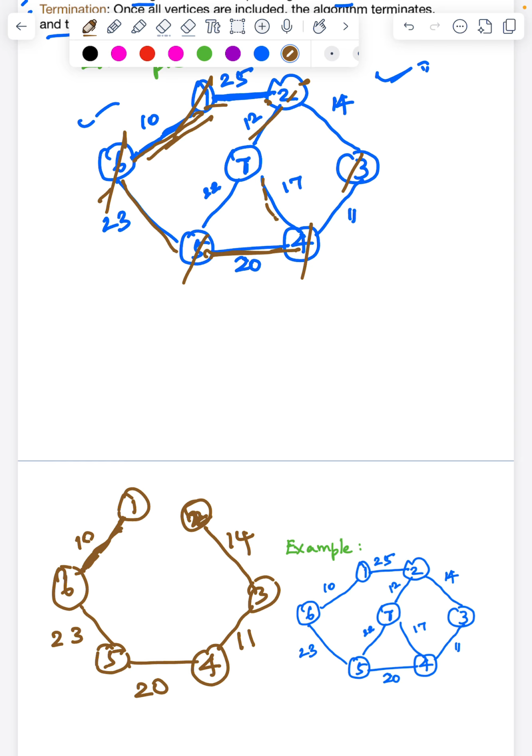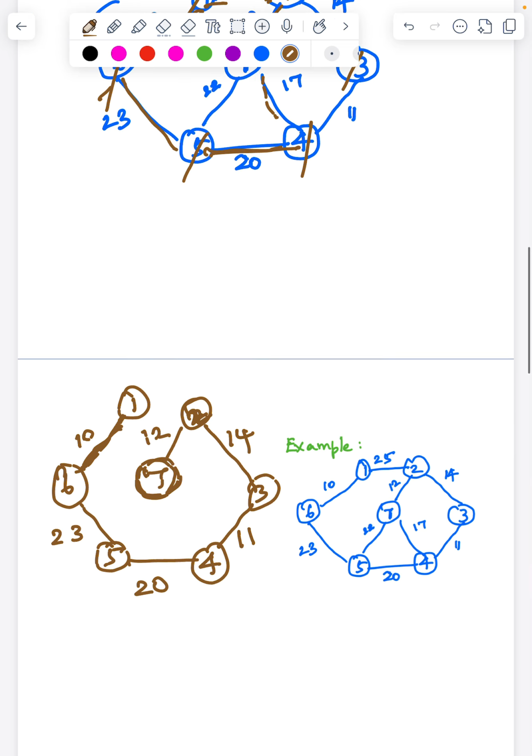We have 5 to 7, which is 22, we have 4 to 7, which is 17, and we have 2 to 7, which is 12, which is the min cost fringe. So that gives you the MST of the given graph.